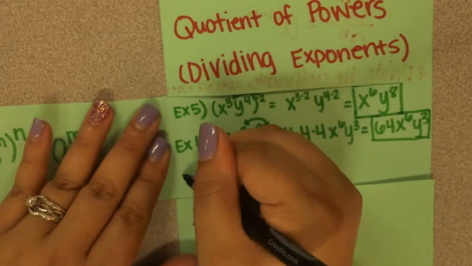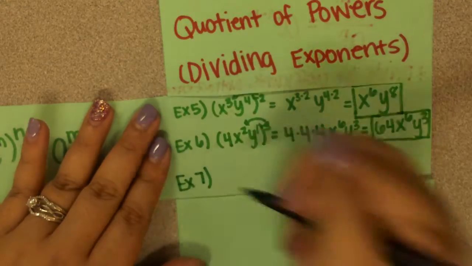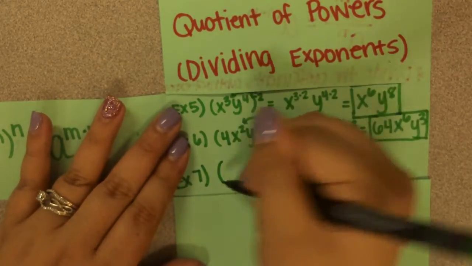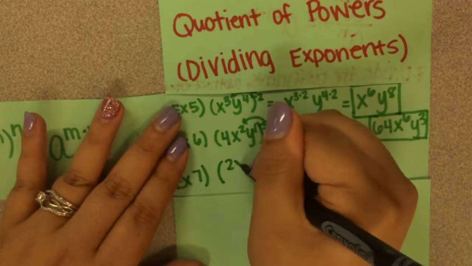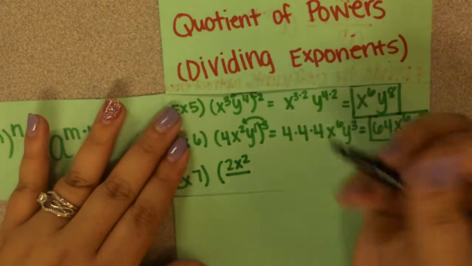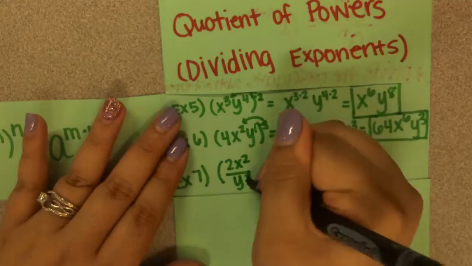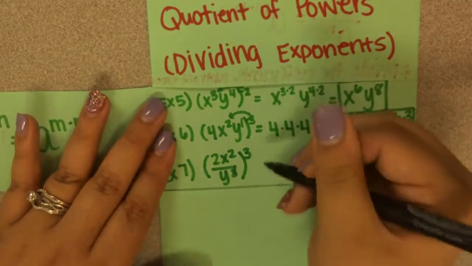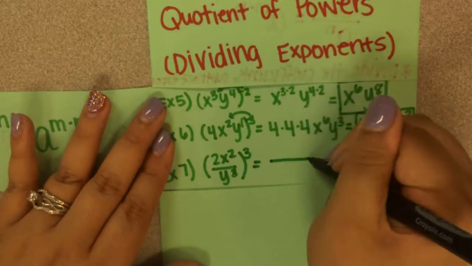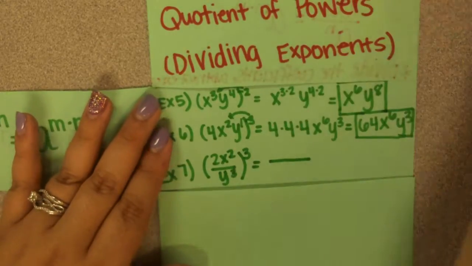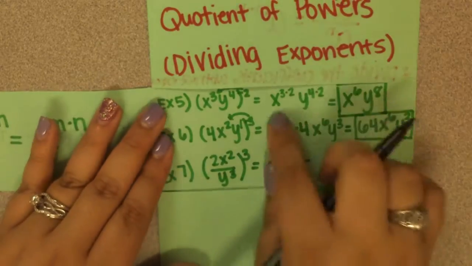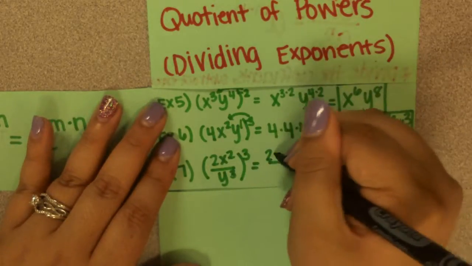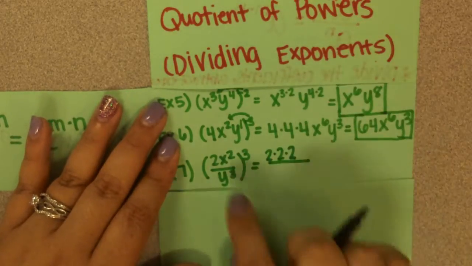All right, and then example 7. I'm going to kind of mix power to a power with this. So I'm going to have 2x squared over y to the 3rd, all cubed. So again, I have my 2, my coefficient out front, how many times do I need to write that? 3 times.